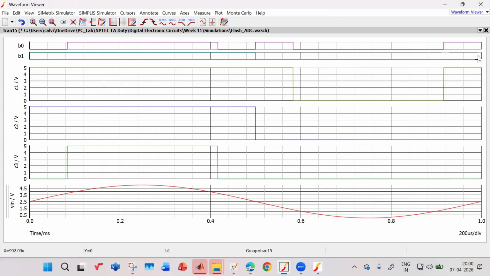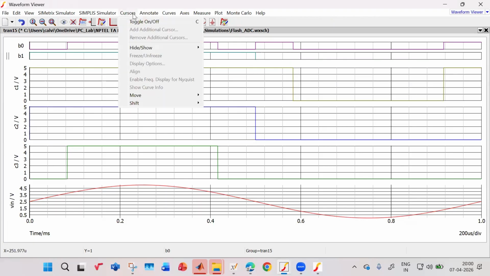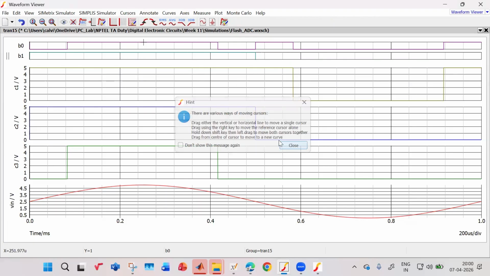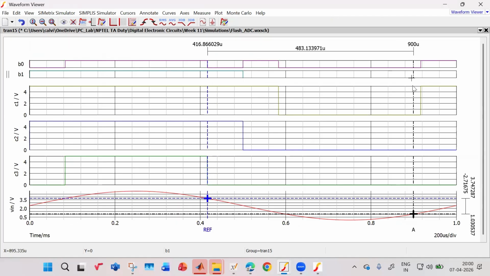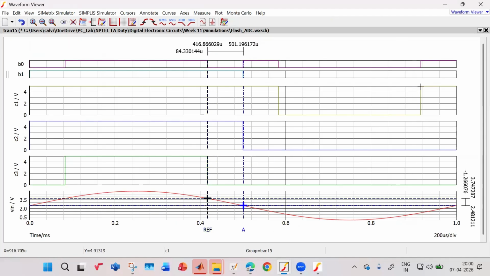Let us consider this case. If you look over here, B1 is 1 and B0 is 0. So in that case, let me place a cursor. I think the cursor will be better. Over here one cursor, over here one cursor. In between these two cursors, you see C1 is high and C2 is high.